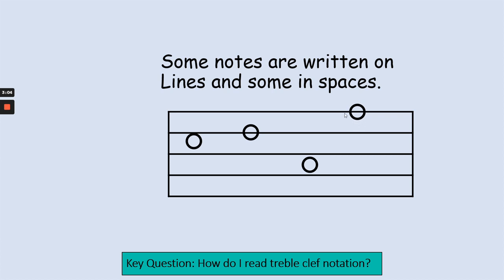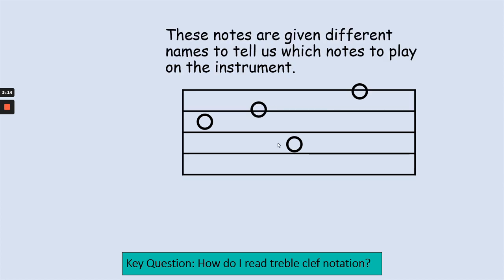This circle is on a line and it has got a line going through the centre of the circle. So these notes are given different names to tell us which notes to play on the instrument. This first circle is the note C. This one is a D. This one is an A, and this one is an F.